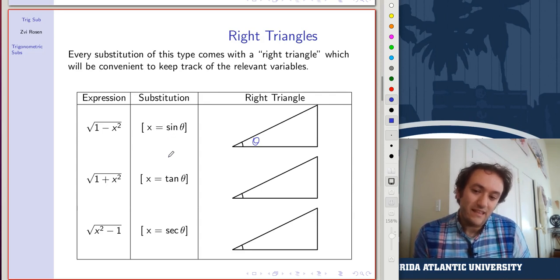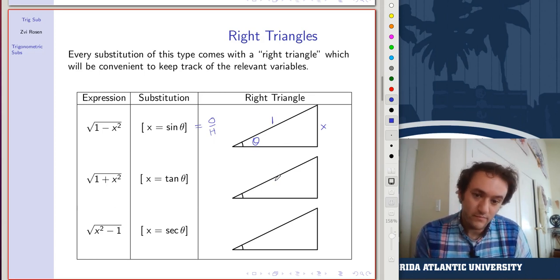If x equals sine theta, we know that's equal to opposite over hypotenuse. So the simplest way to express that would be to put an x on this side of the triangle and a 1 for the hypotenuse. Using the Pythagorean theorem, the remaining side will be equal to the square root of 1 minus x squared.